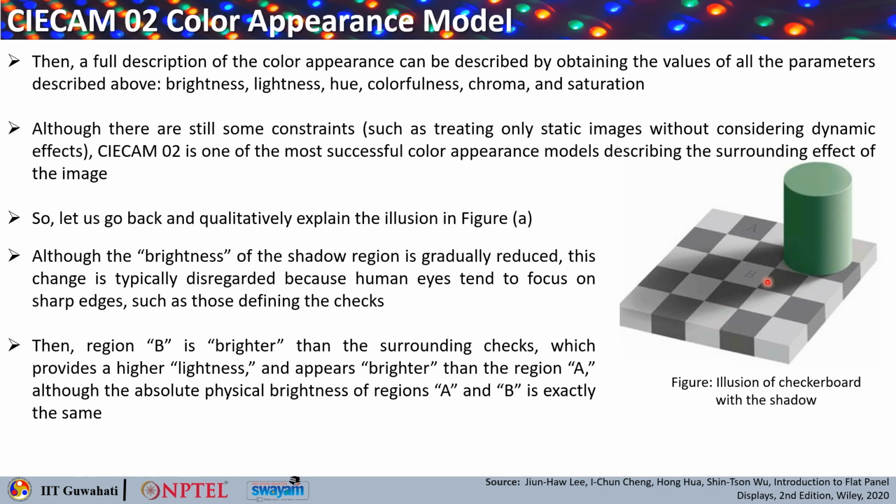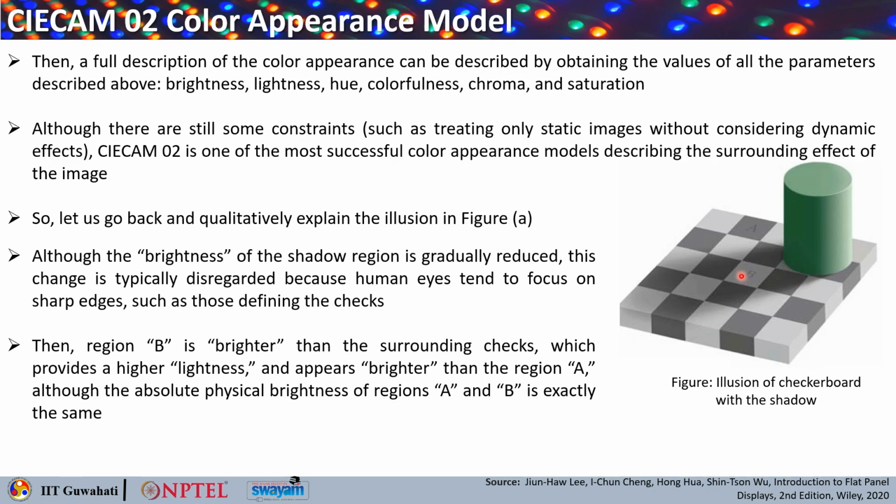So, that is how your region B is found to be brighter as compared to the surrounding checks, okay, which basically provides a higher lightness, and that is why it appears brighter than the region A, okay, although the absolute brightness of the two regions is basically exactly the same.